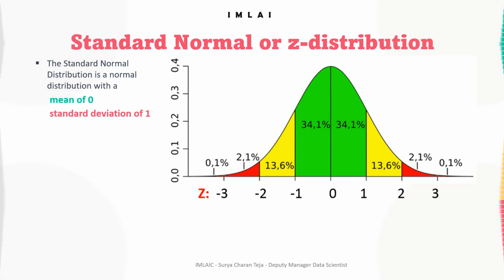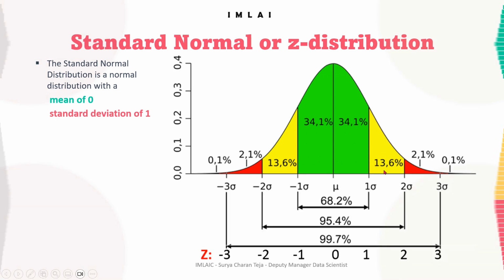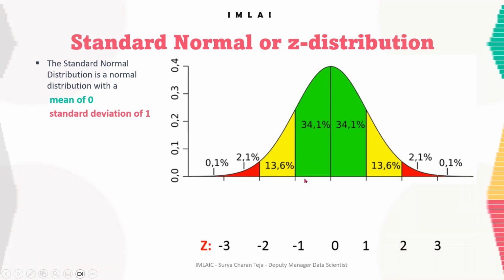after applying the Z-score, the mean will become 0, and the standard deviation is no more 1 sigma, 2 sigma, 3 sigma, no more 1 standard deviation, 2 standard deviations, or 3 standard deviations. This will be converted into 1. Then how it will be transformed, I'll show you.